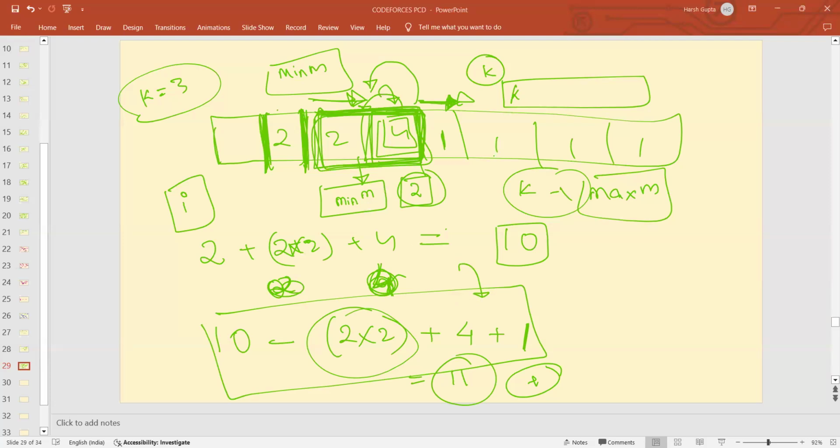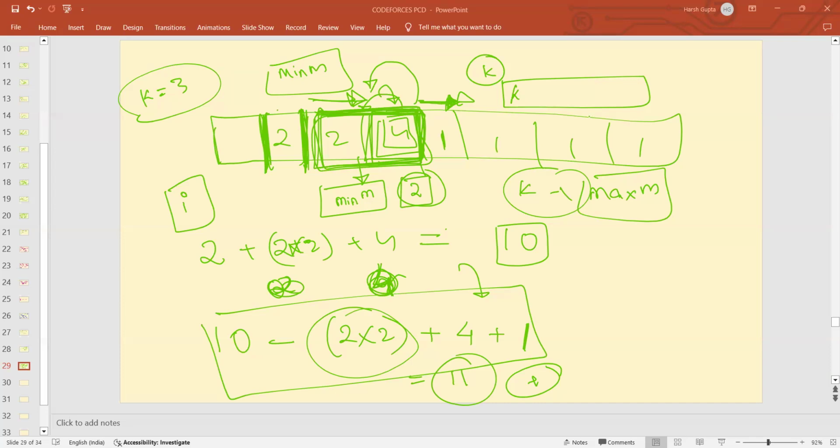One thing I was thinking: you can't take the first and the last element in the middle, right? You can't choose them. Yes. So what I was thinking, if we sort the remaining n minus 2 elements in descending order, and take k minus 2 elements from them, and also take the minimum index and the maximum index among those k minus 2 elements, this will divide the array into 3 segments, right?